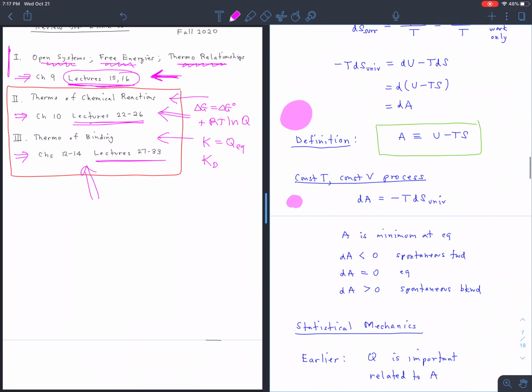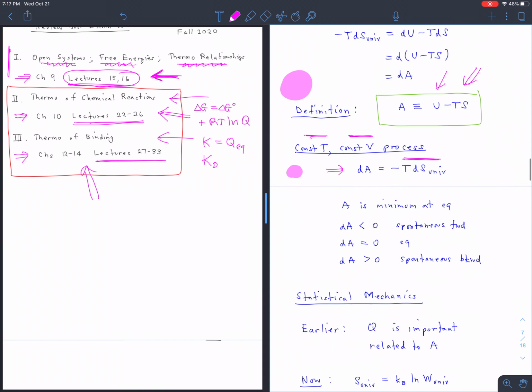All right, then there's the Helmholtz free energy, which is almost the same thing as delta G, except that it's got an energy here rather than an enthalpy. And that's because under constant temperature, constant volume conditions, so not constant pressure anymore, the change in the Helmholtz free energy is proportional to the change in the entropy of the universe.